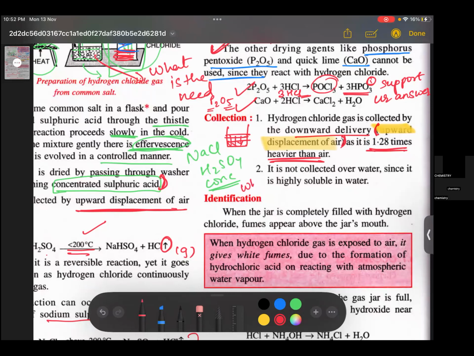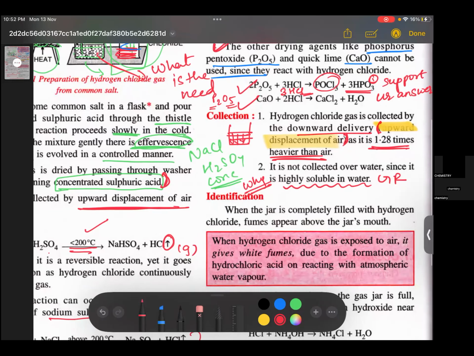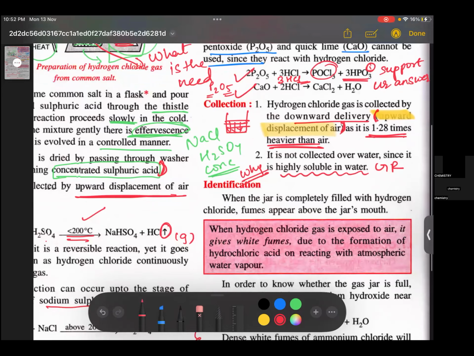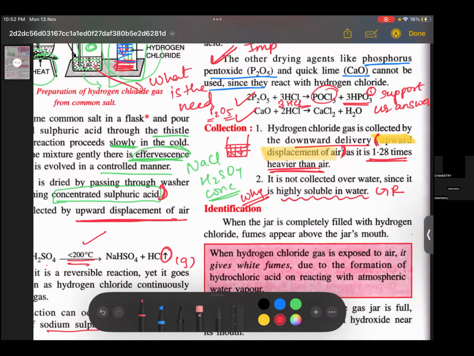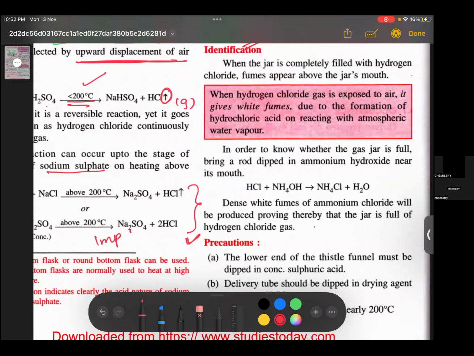Why is it not collected over water? Again, an important reason, since it is highly soluble in water. Okay, so we know hydrogen chloride gas is collected by upward displacement of air, as it is 1.28 times heavier than air. It is not collected over water since it is highly soluble in water. Now we need to know the identification. When the jar is completely filled with hydrogen chloride, fumes appear above the jar's mouth. So this is the effervescence that we were talking about.